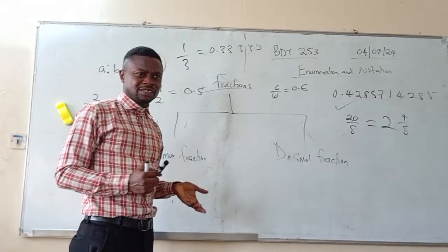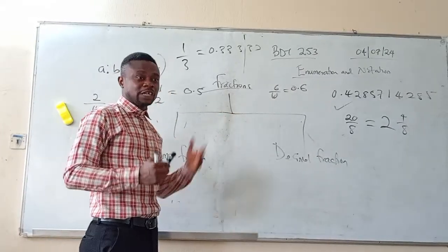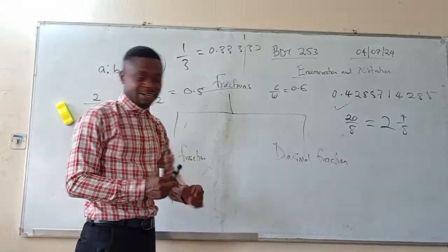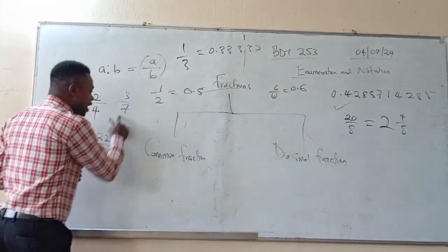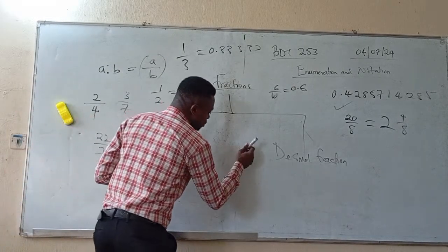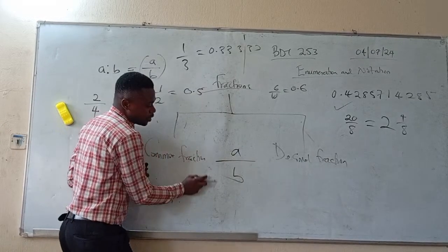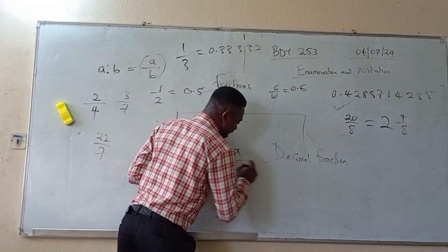But if you want me to go that lane, I will. I would have started from primary school: draw an orange, divide it into 4. From there, the numerator, the denominator. This one is the numerator, the other is the denominator, and this is the fractional line.